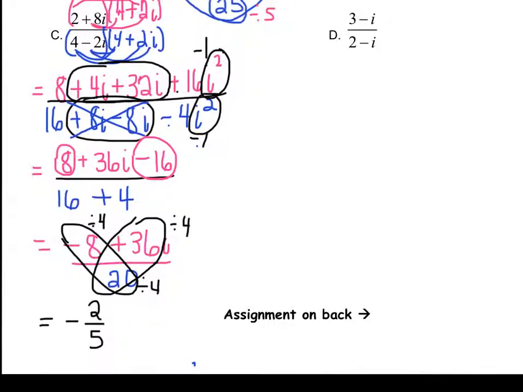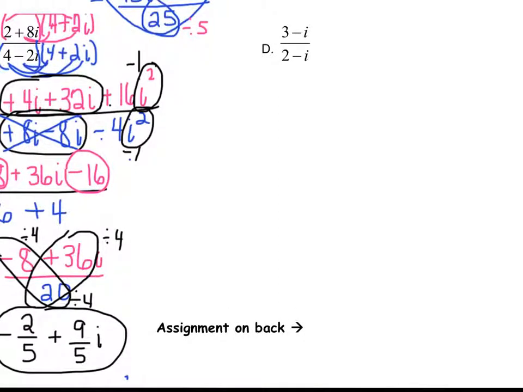So 36 divided by 4, on the top, we will get positive 9. On the bottom, 20 divided by 4 is 5. And we'll have the I. So the real part's first, the imaginary part second, and we're done.